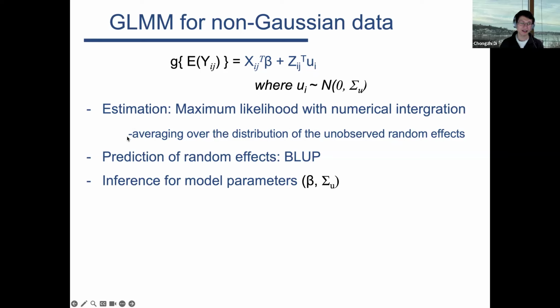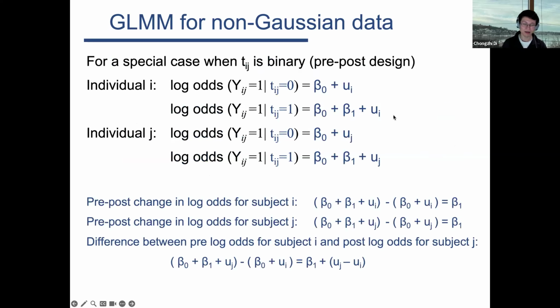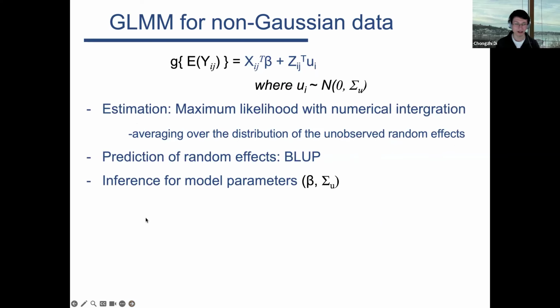This process is much easier for continuous data, but for non-Gaussian or discrete data, it becomes really tricky. So there are a few statistical packages that implement this through maximum likelihood with numerical integration. There are some variations of the methods implemented in different packages.